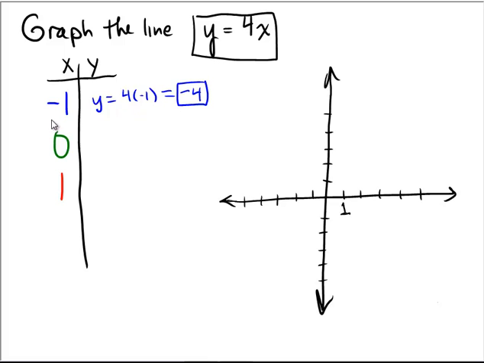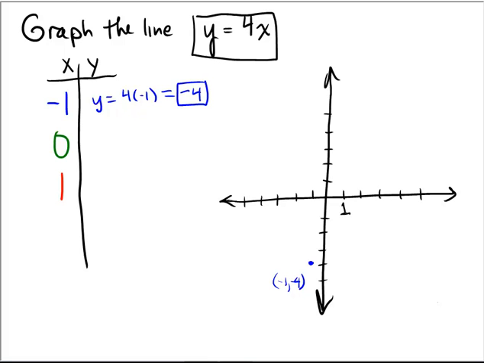And so, when we have an x value of -1, we get a y value that is equal to -4. In the graph, that would mean we would go 1 left, 1, 2, 3, 4 down, and that would be the point -1, -4.